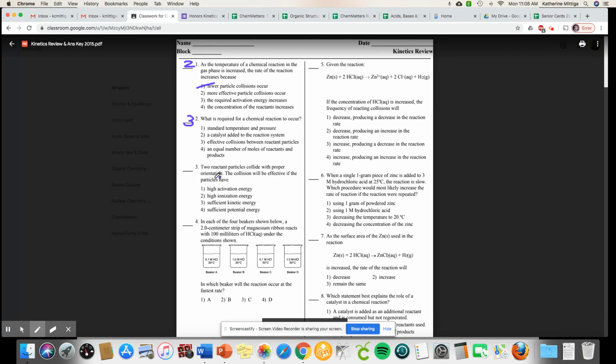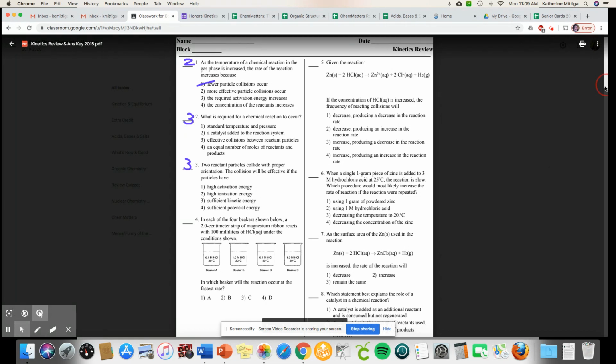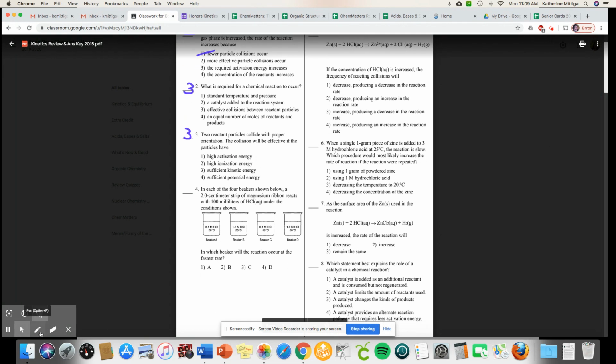You need to orient your fist with the window. The other thing you would need, if I need to break that window with my fist, I need enough energy. I need kinetic energy, energy of motion, not activation energy or ionization, which, by the way, ionization energy is the energy required to remove electrons, not what we're talking about here. And not potential energy either.